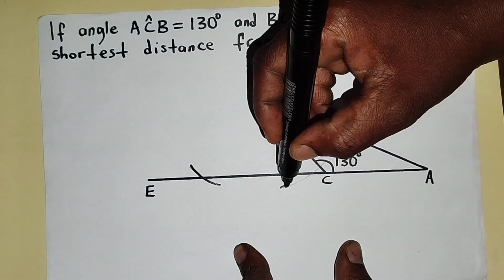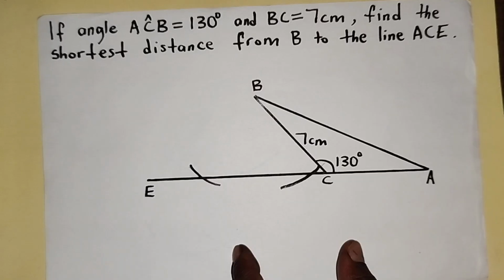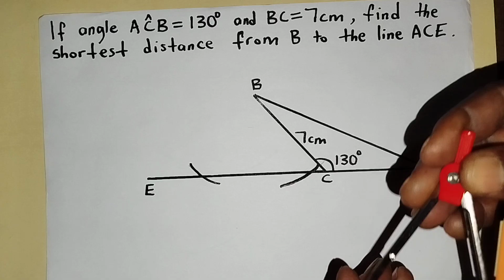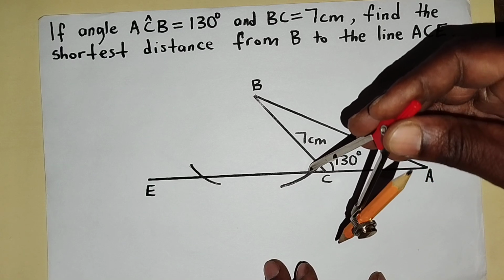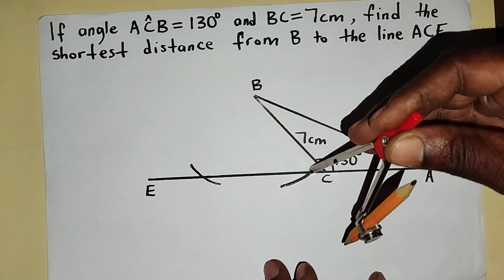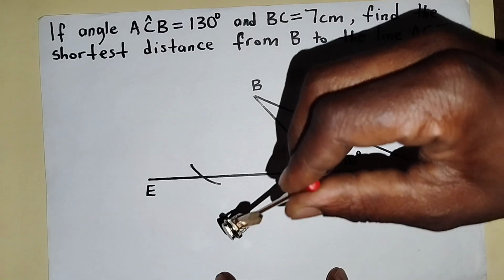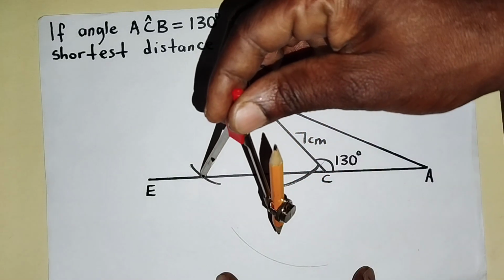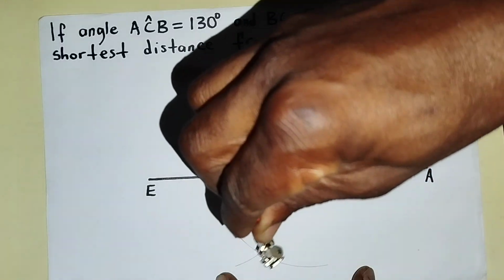Here I've got an arc, and here we have an arc. It's now better in terms of visibility. These points where the arcs meet the line ACE are now my new centers. I'll draw another arc without changing the radius, with the other side as my center now.